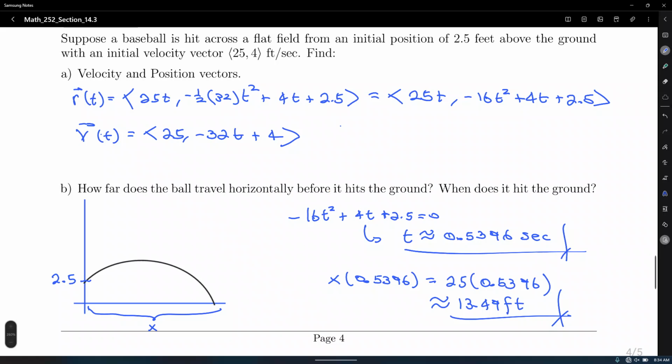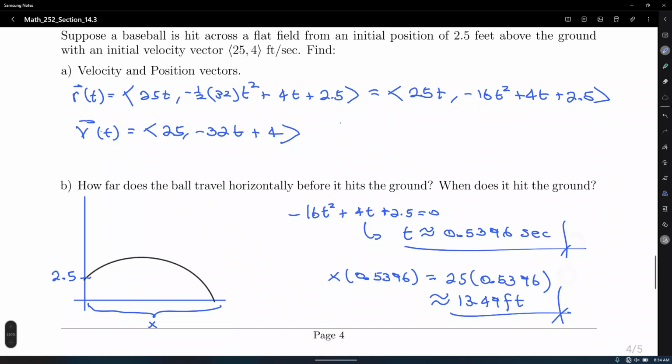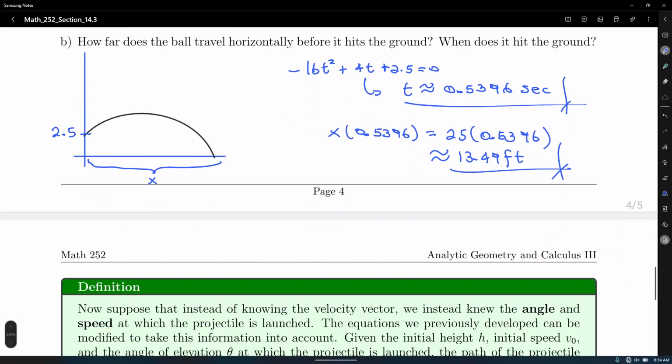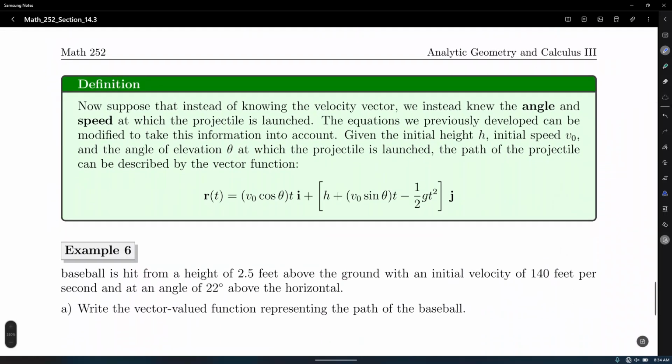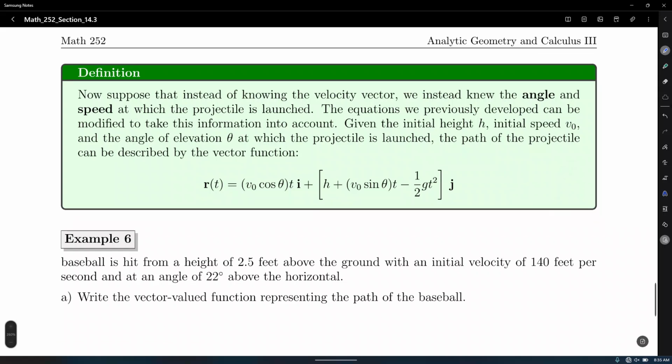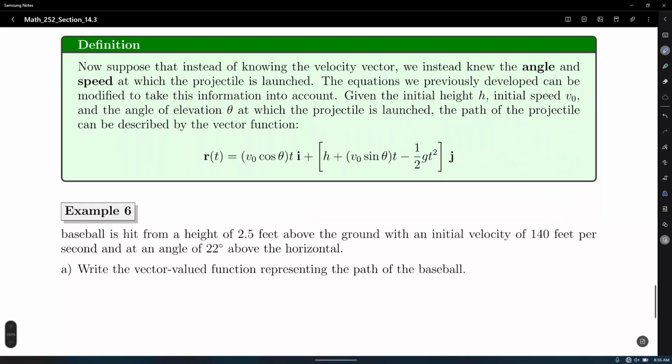Let's have a look at the next and last part of the section, then we move on to 14.4. This same situation can be remodeled. What if we only know the initial velocity and the angle at which a rocket is being launched or a baseball is being hit?